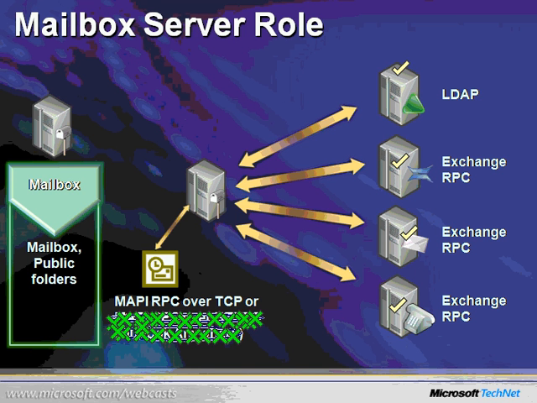Client access server, which is the middle or the third one, is also Exchange RPC. But the key here to remember is these different server roles will communicate with the mailbox server, but not everything is directly with the mailbox server role. Depending on what's going on, the Hub Transport may come into play as well.